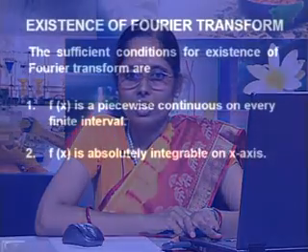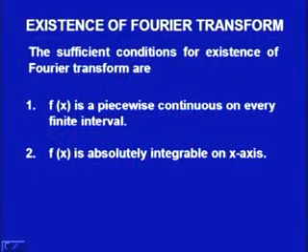Here I am just giving you one result which states the sufficient conditions for the existence of the Fourier transform, that is, for those limits and integrals to exist. The first condition is that the function has to be piecewise continuous, and the second is that it should be absolutely integrable.